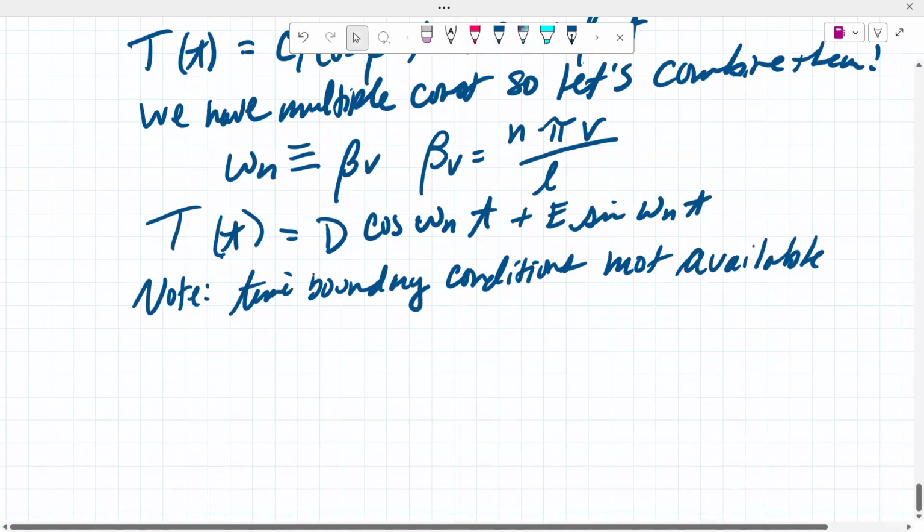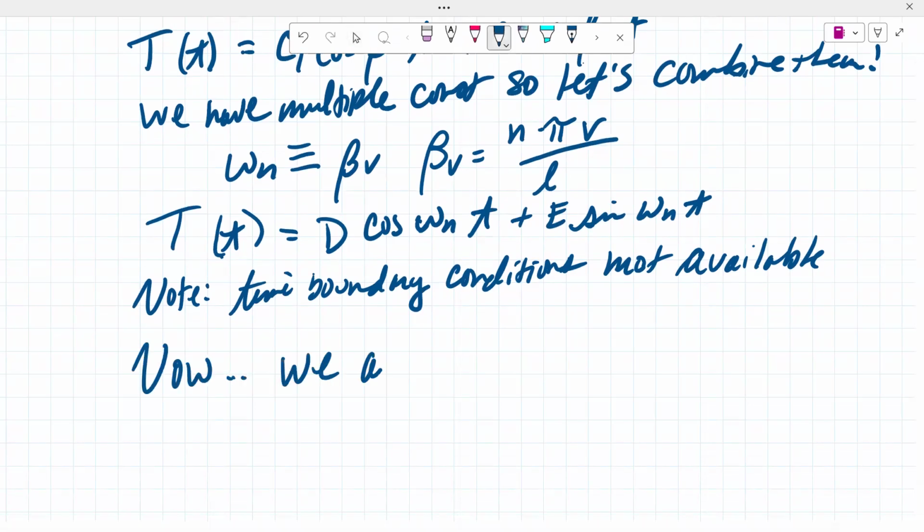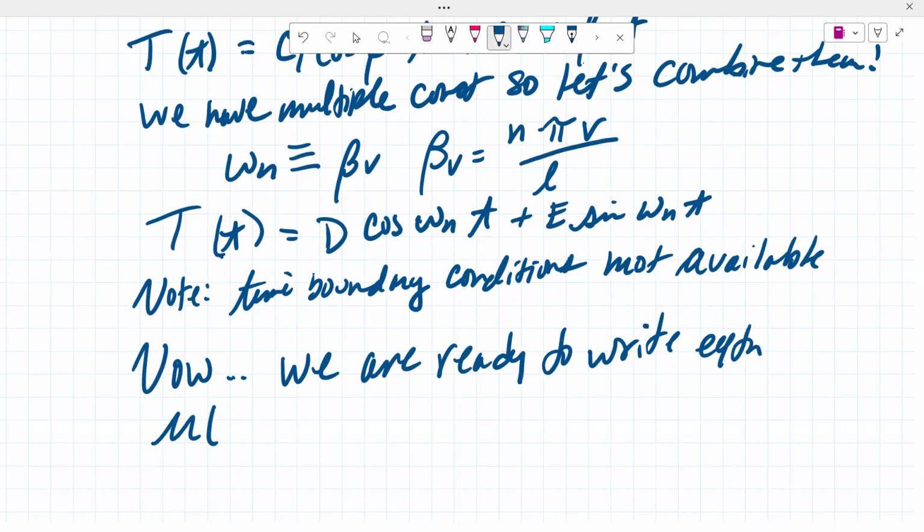So that means we're ready to write the equation U of x and t for both the position and temporal halves.